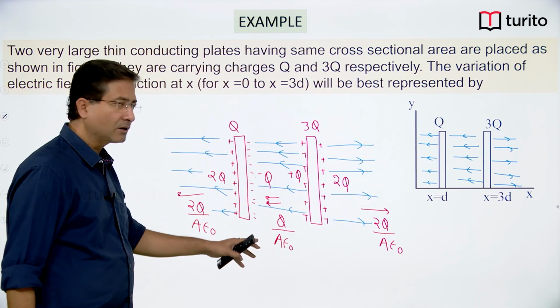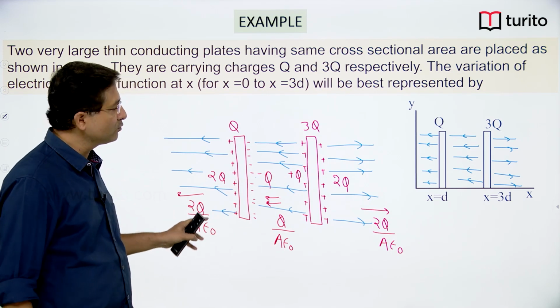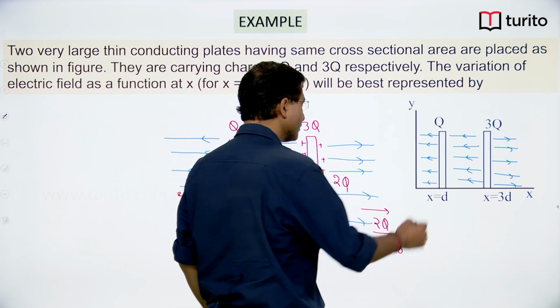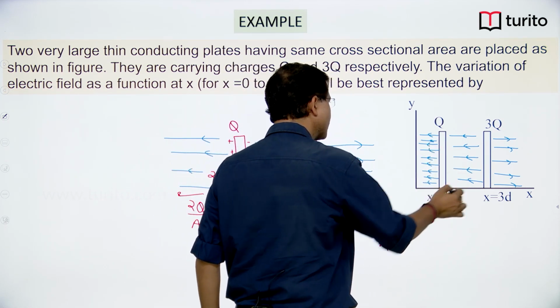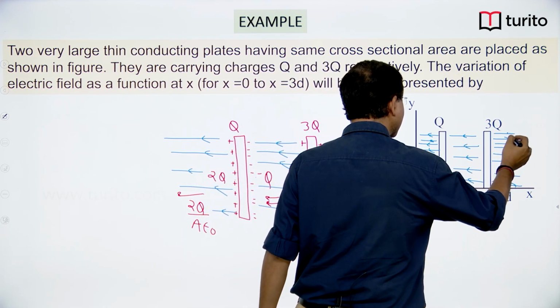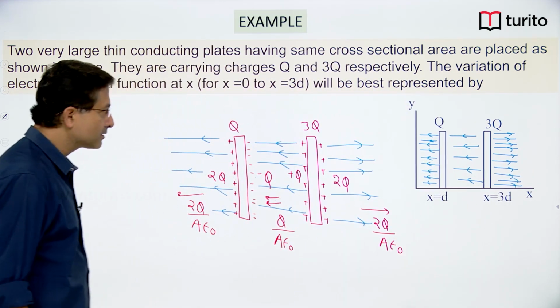You can see the magnitude outside is more as compared to the magnitude inside. Here we are getting 2q upon A epsilon naught. So the density of field lines here will be more as compared to what we are drawing inside. So here field line density will be more. So it will be something like this.